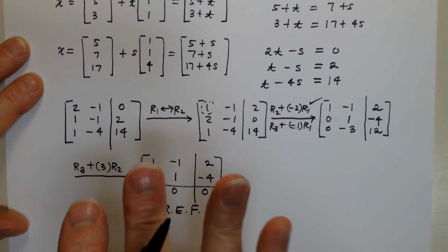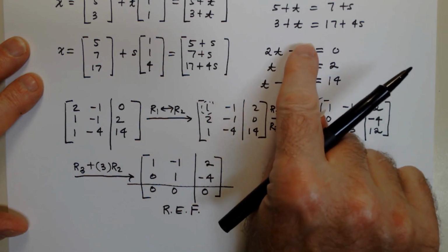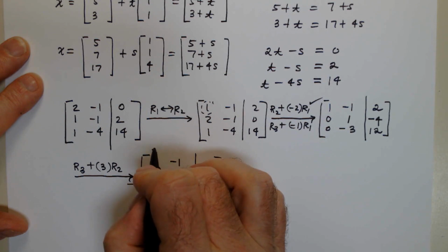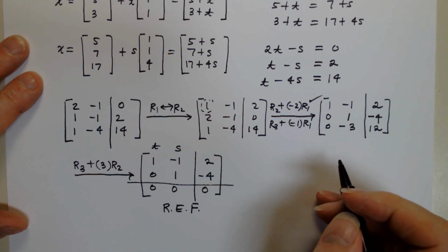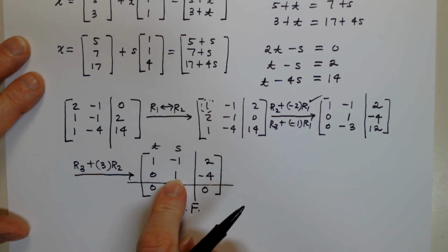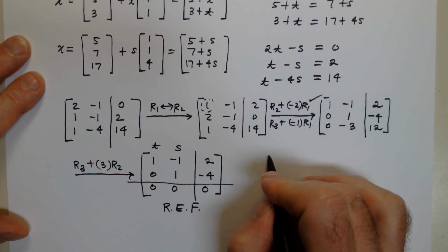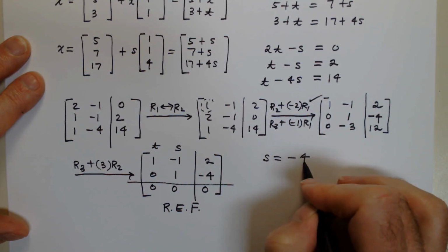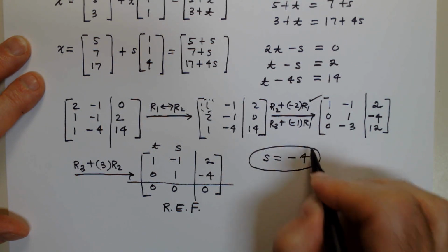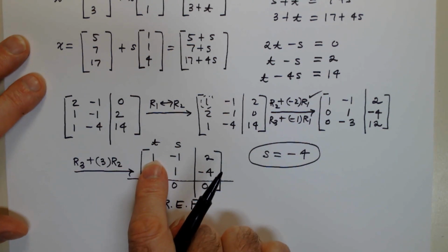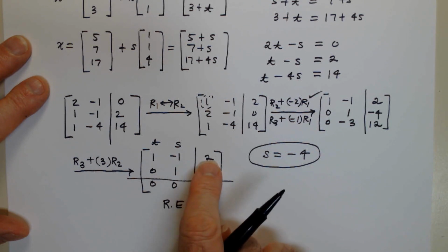Now, remember that our variables were put in T, S. So I've got T and S here. This second equation, right, in row 2 is telling me that S is equal to negative 4. Okay. And this first equation is telling me that T minus S is equal to 2.